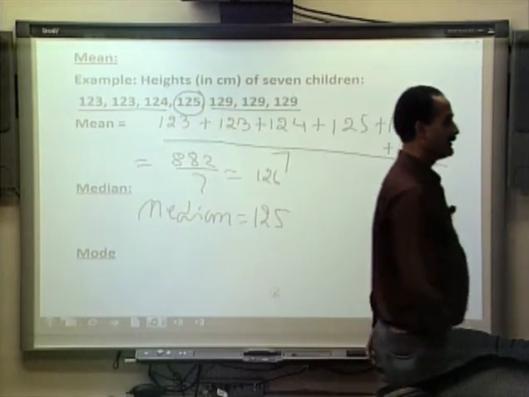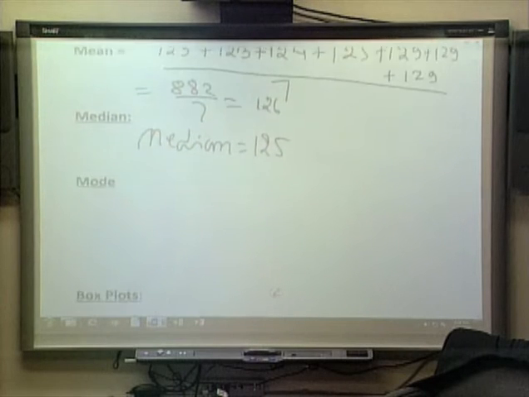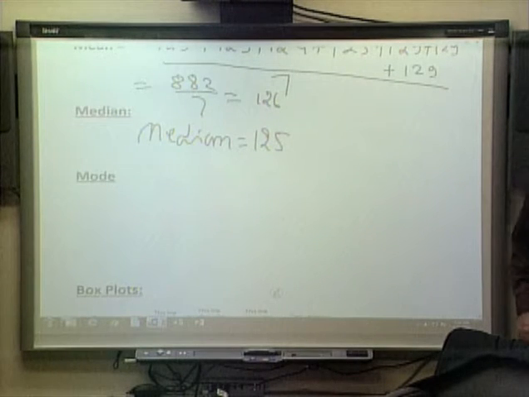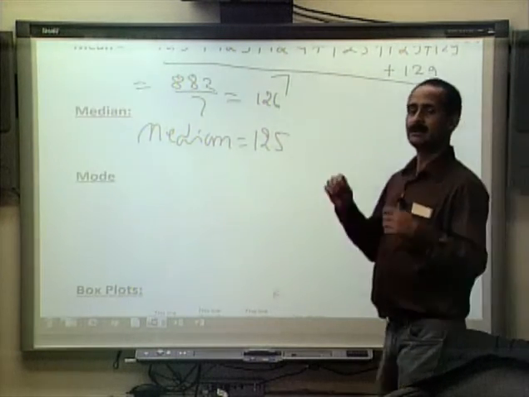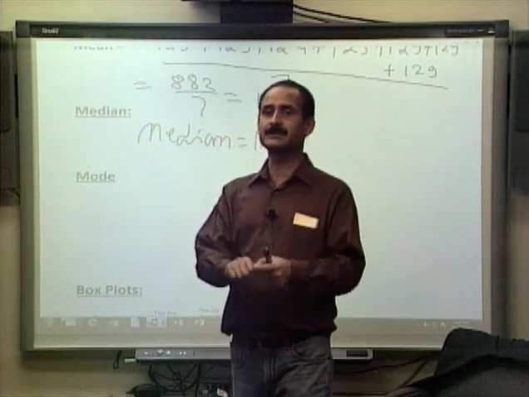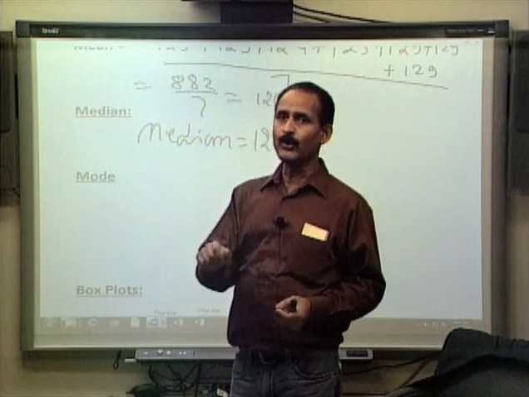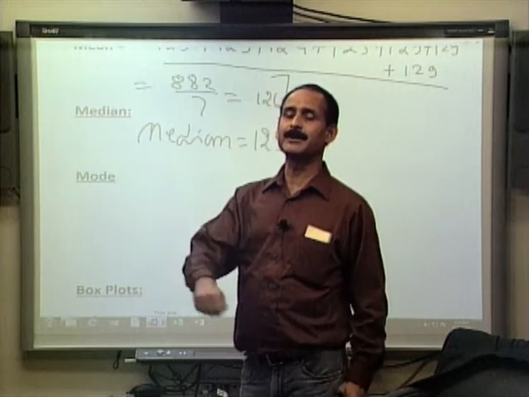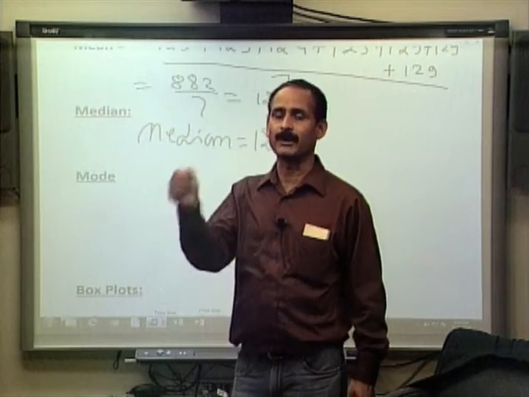Okay. Another measure of center is called the mode. Mode is simply the observation that repeats the most, that comes most frequently.